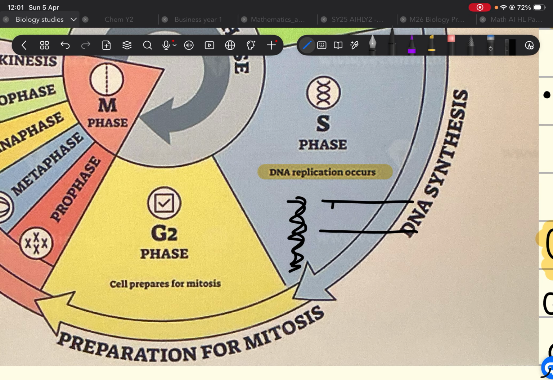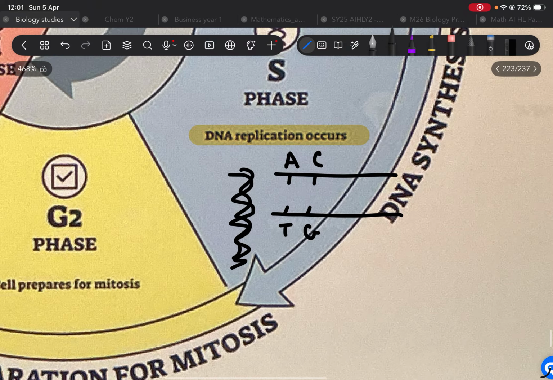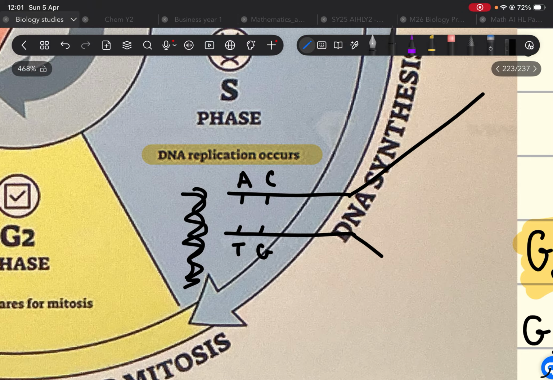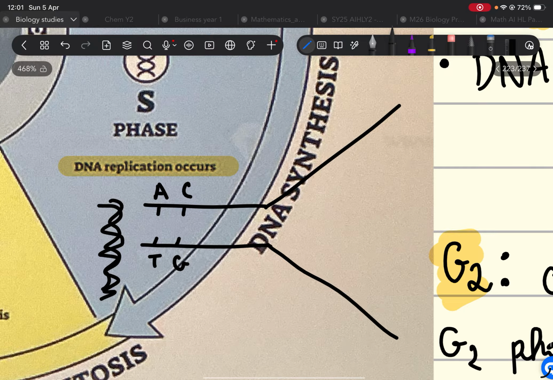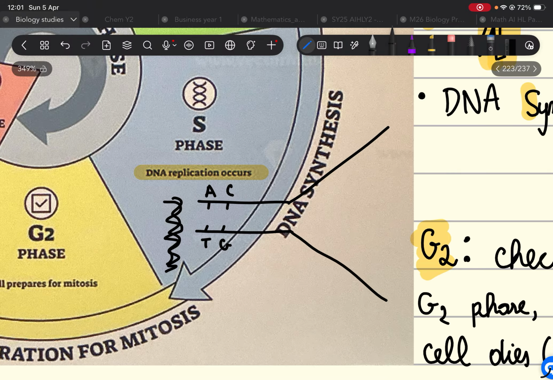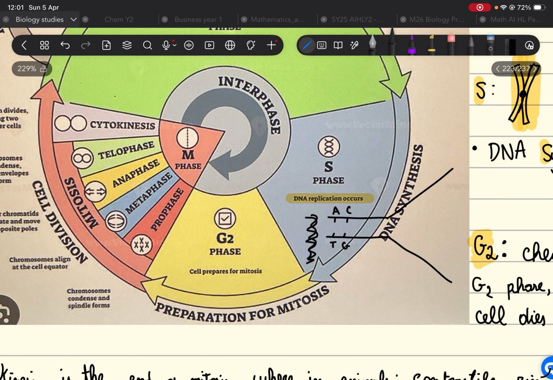Then you have, let's say, A binding with T and G binding with C. And then we have that DNA polymerase, and the helicase, which breaks it down into replication forks, which is something that we already have a video on. We also have some IB questions about it, so please go watch it.